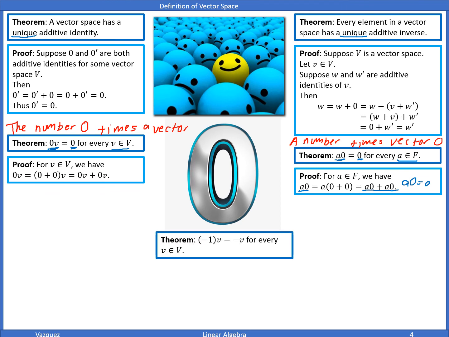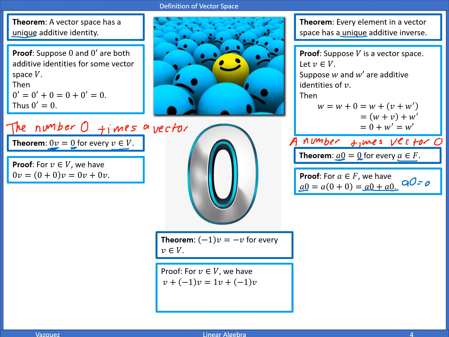And finally, we have one last proof that says -1 times v is equal to -v for every v in our vector space. So again, the proof is straightforward. For the vector v in V, we have v plus -1 times v. And here we just basically have a 1, which we write out over here.